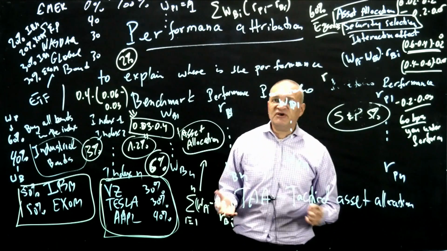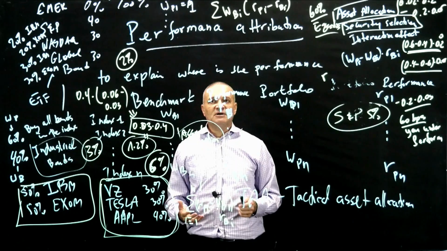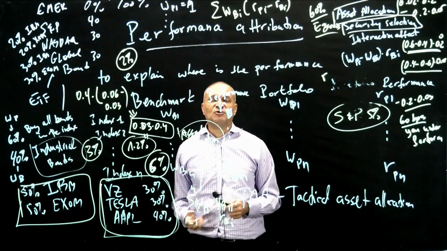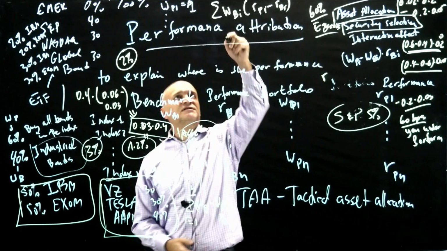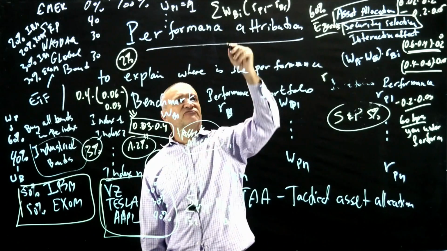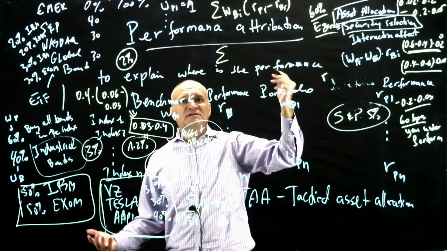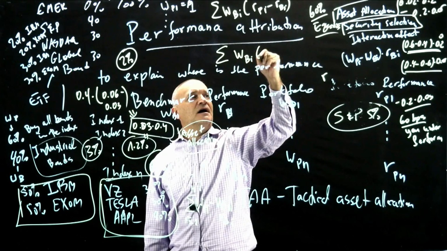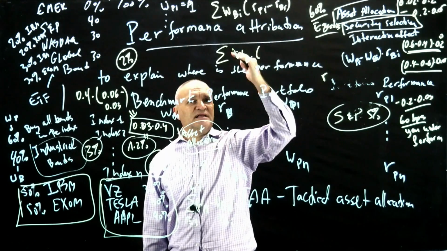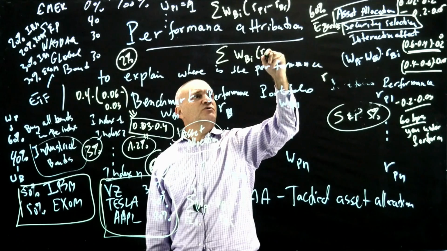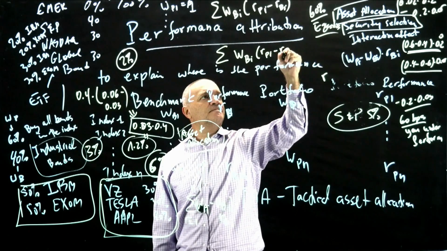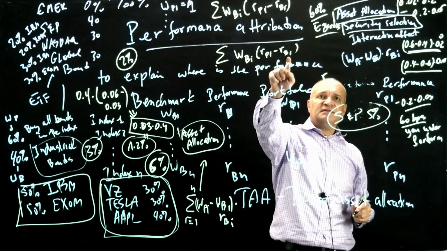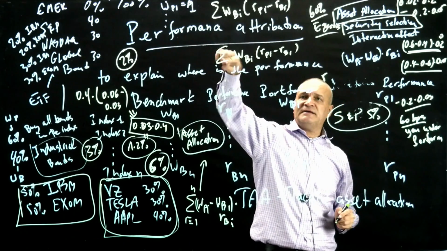I hope that this short video explained the bolts and nuts of performance attribution. So this is the asset allocation effect, and the security selection effect is basically this. You take the difference between the portfolio and the benchmark, and you multiply by the weighted average.